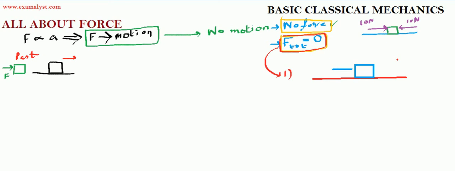So if there is a force from this side, say this force is F, then there is another force from this side whose value is the same as F, as a result of which there is no motion in the X direction.